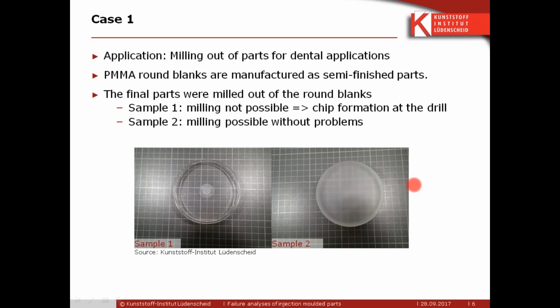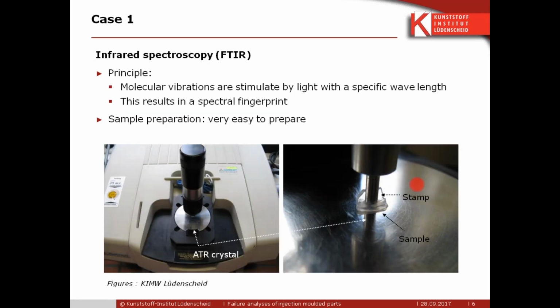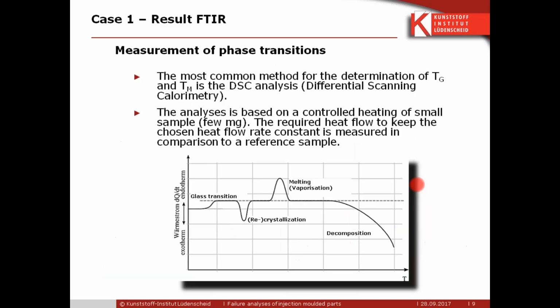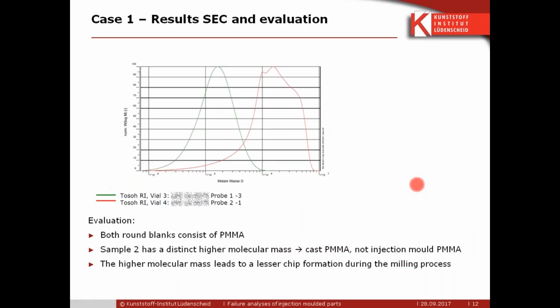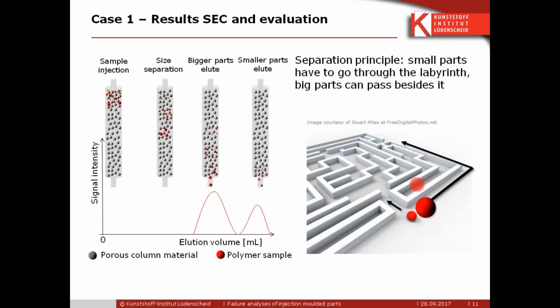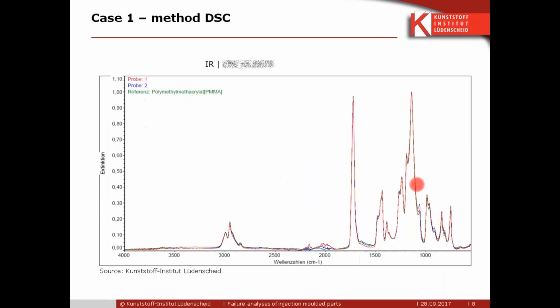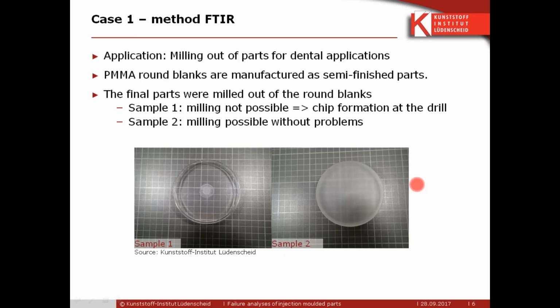So we have on the one hand a cast PMMA and on the other hand injection mold PMMA. This higher molecular mass leads also to different mechanical properties and thus to a different behavior in the milling process, and so this is the root cause for the lesser chip formation in this process.